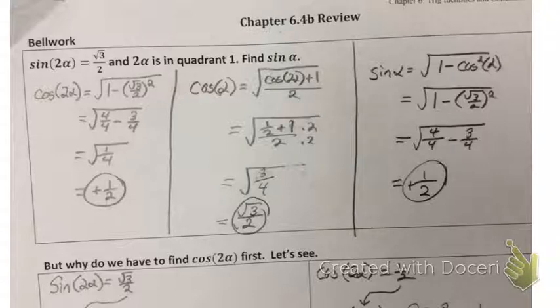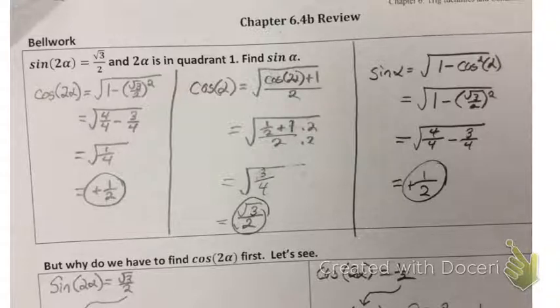Let's take a second to think about what that means, because they didn't give me anything I can multiply by 2 or divide by 2 to figure out where it is. This is saying that if I take an angle and multiply it by 2, it is in quadrant 1.